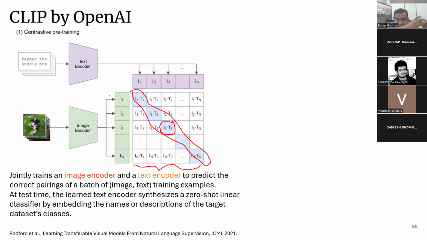So the image is encoded by the image encoder and a vector is given. The corresponding description of the image will be encoded by the textual encoder and you get a vector. Those two vectors have to be similar. So you can see the image embedding and the textual embedding have been aligned.